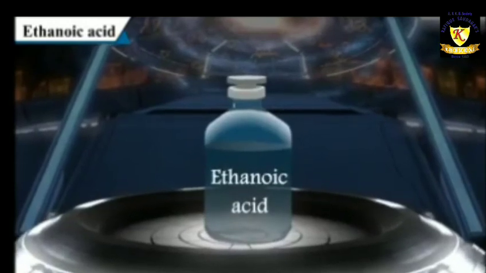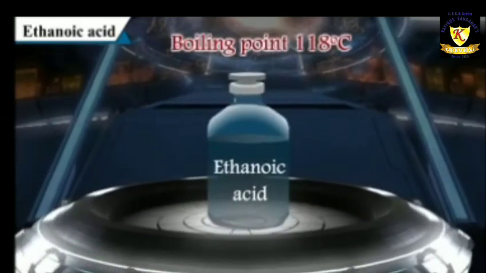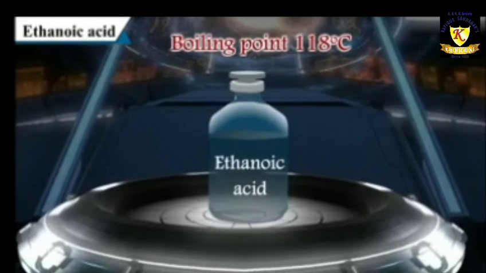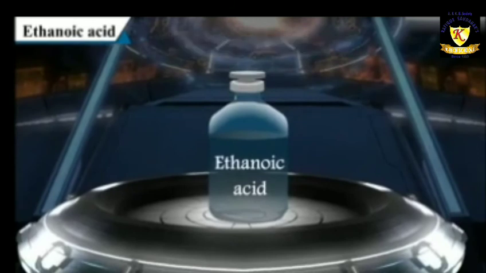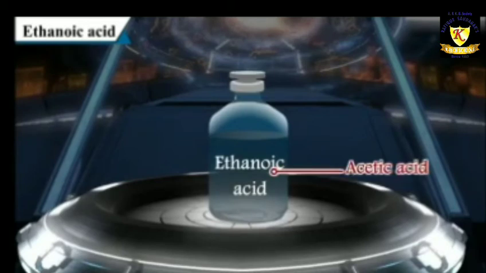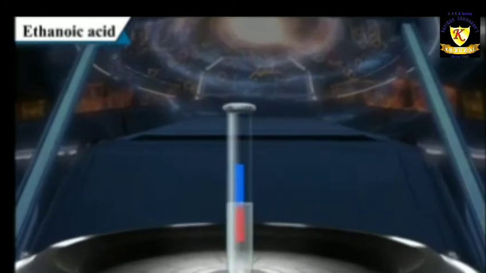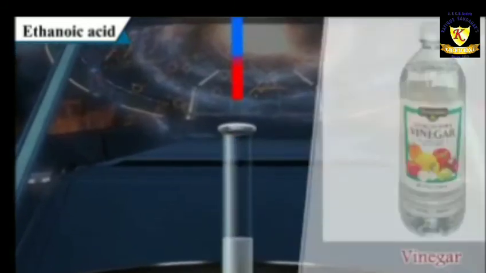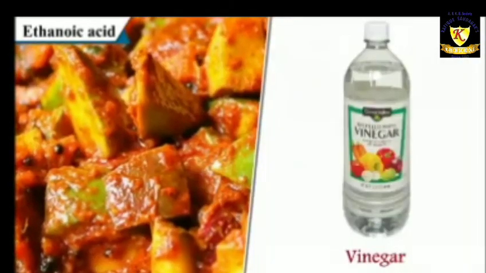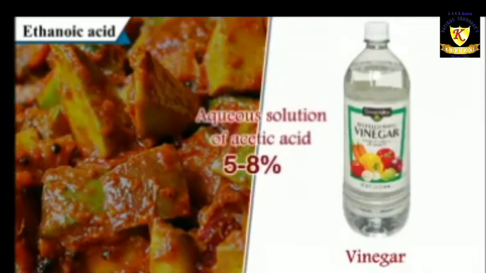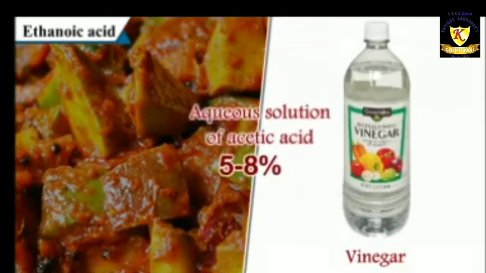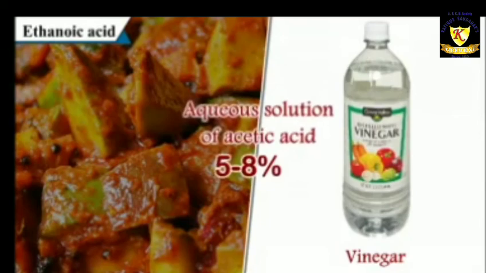Ethanoic acid. It is a colorless liquid with boiling point 118 degrees Celsius. Ethanoic acid is commonly known as acetic acid. Its aqueous solution is acidic and turns blue litmus red. Vinegar, which is used as a preservative in pickles, is a 5 to 8% aqueous solution of acetic acid.